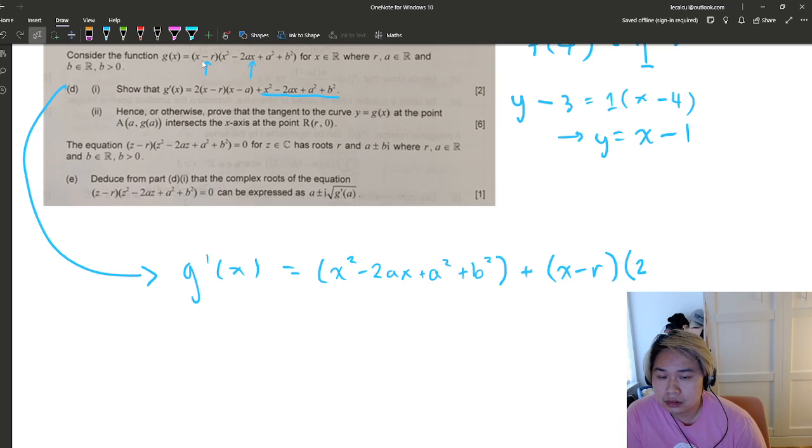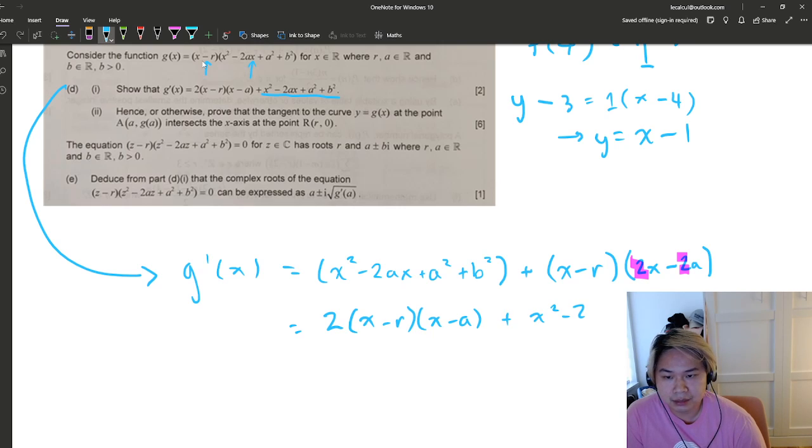So I got 2x minus 2a. And then of course, as you can see, if I just factor out the common factor of 2, I will have it right there. Okay, so then this, rearranging and factoring out the common factor of 2, gives me what they want me to show.